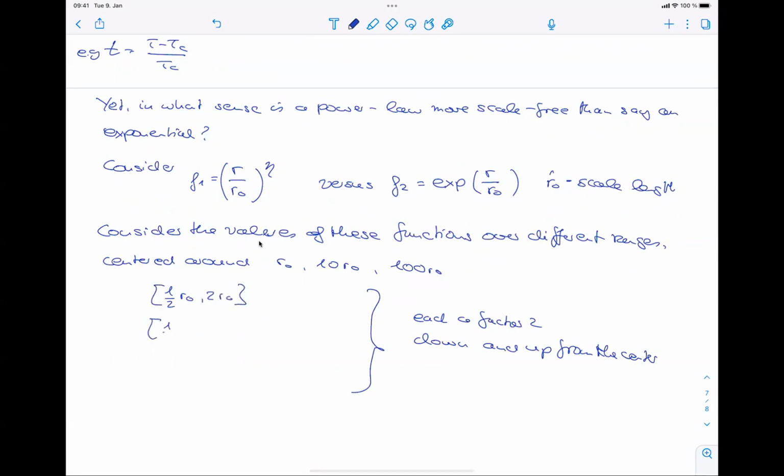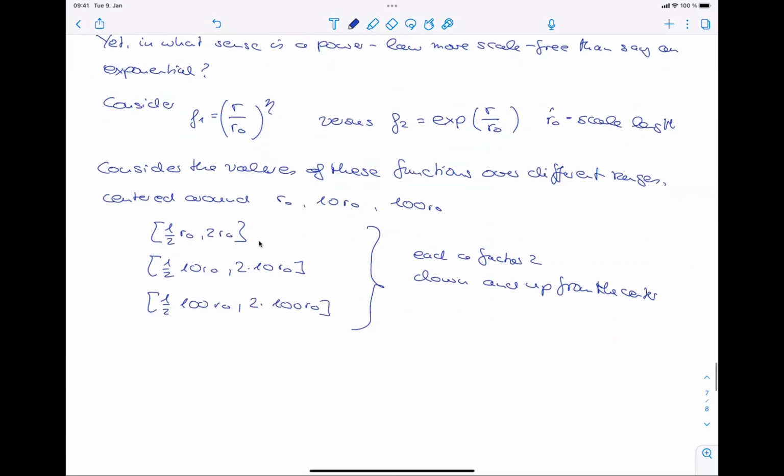And similarly, we have half of 10 R0 up to 2 times 10 R0, and so on. And now we're going to look at the ratio of the largest and smallest value of this range by evaluating them once with the function f1, which is the power law, compared to our exponential.